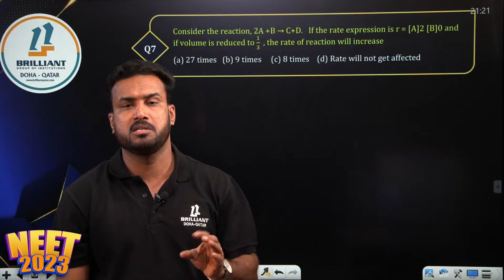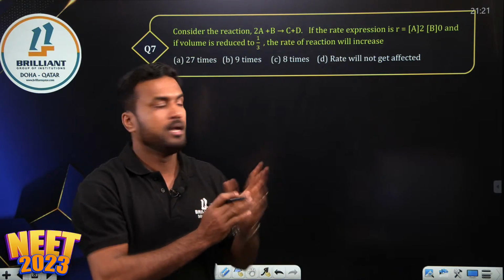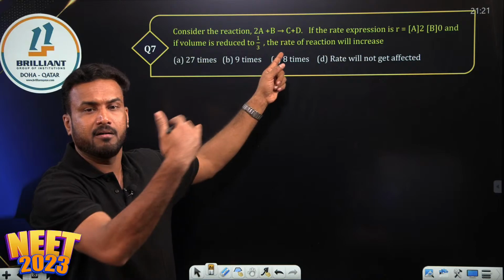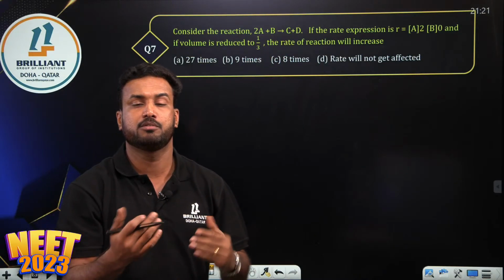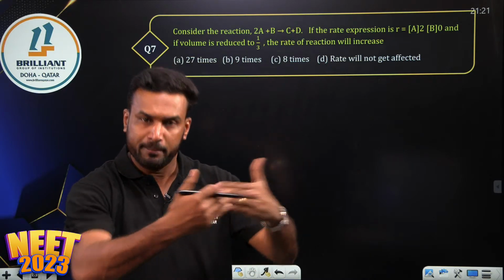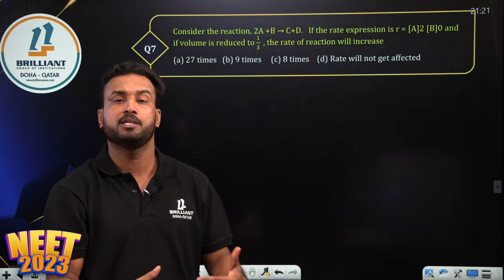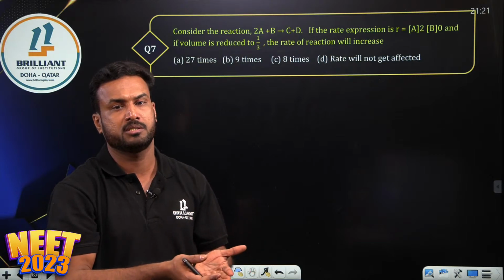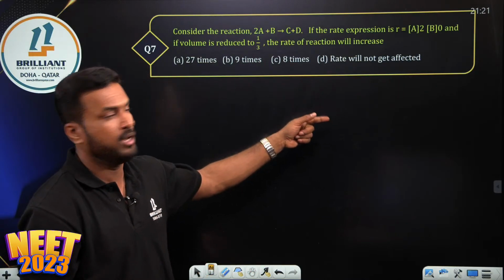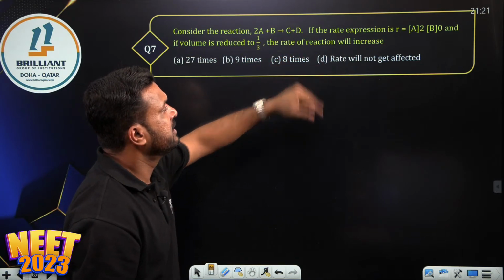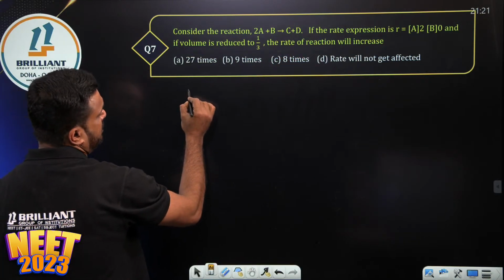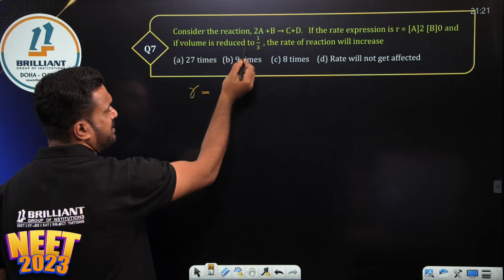A fractional value is given, that's why I put this question. 1 by 3 is the volume decrease, which means what will be the concentration? It will be 3 times. Volume getting halved, 1 by 2, means the concentration will be double. 1 by 3 is the volume decrease, means the concentration changes 3 times.